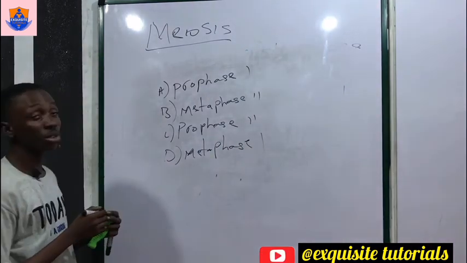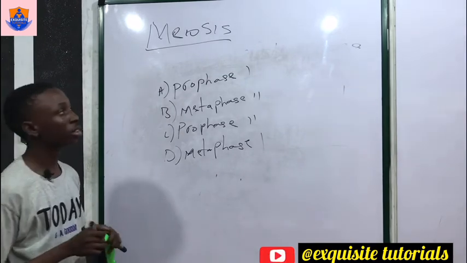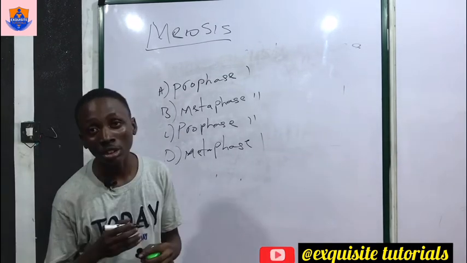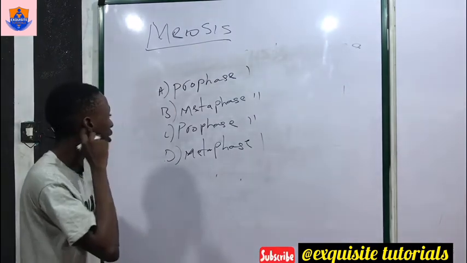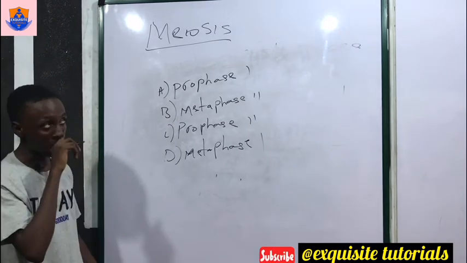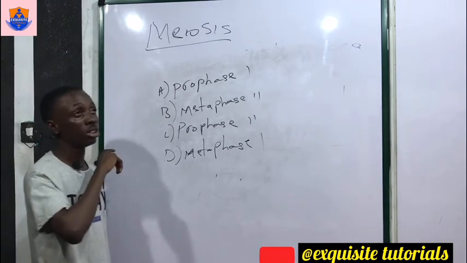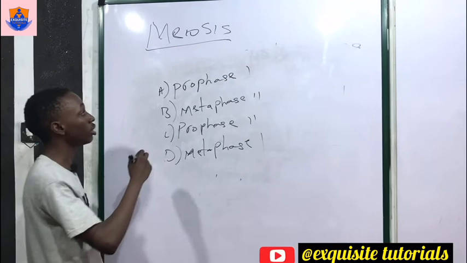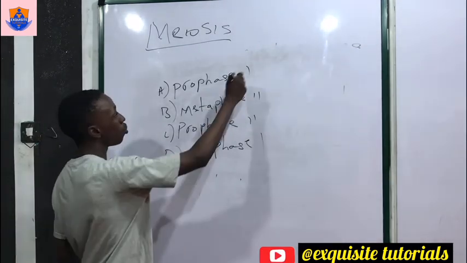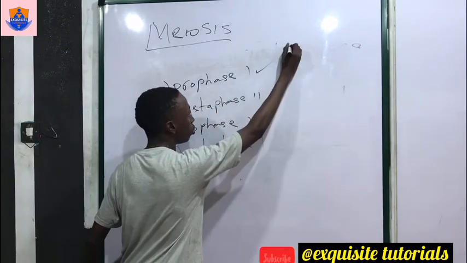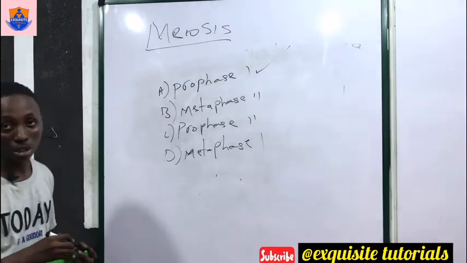Okay, actually crossing over takes place at the pachytene stage, but don't forget that the pachytene stage is under prophase 1, where prophase 1 can be divided into the diplotene stage and the rest. So the answer to this question would fall under prophase 1. So that will be very correct.